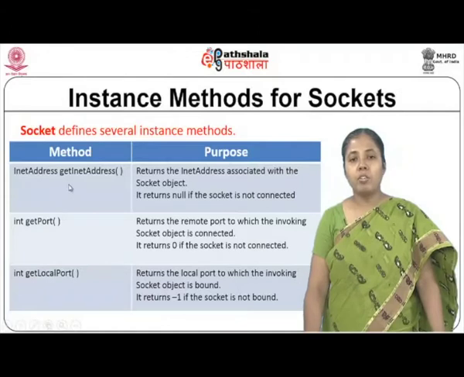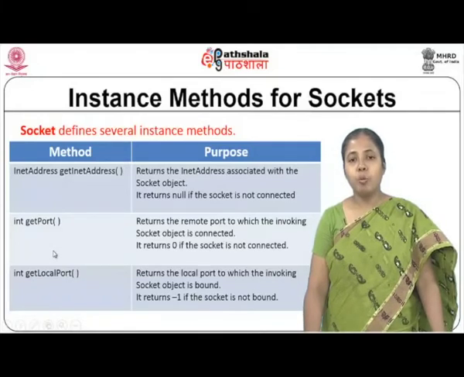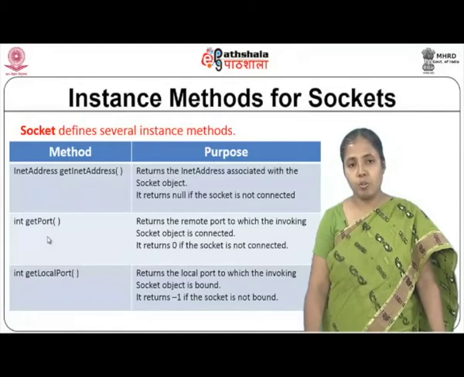If the socket is not connected, getInetAddress would return a null value. And there is a method called getPort. This returns the remote port to which the invoking socket object is connected. It returns 0 if the socket is not connected. getPort would return the port number of the remote system to which the socket is connected.